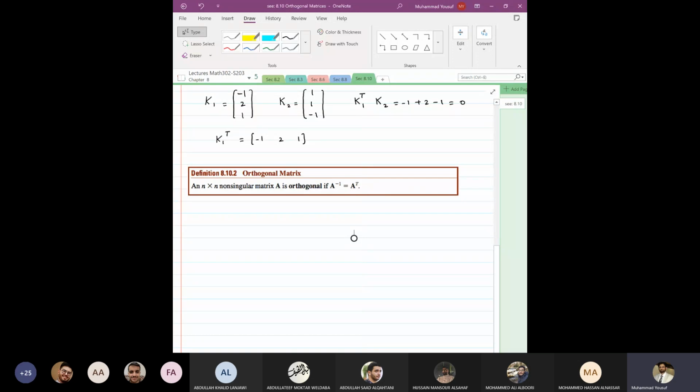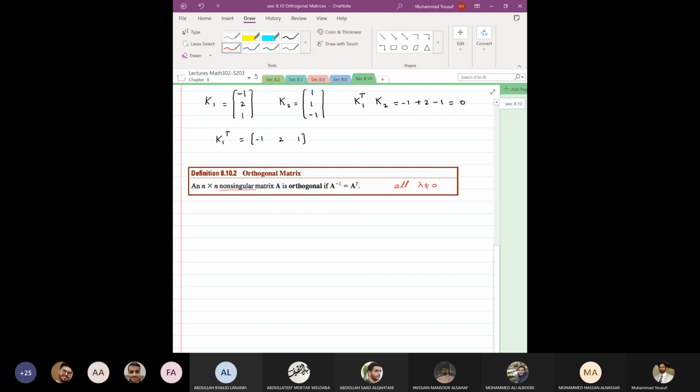Anyway, an n by n non-singular matrix. Here it is to note that it is non-singular. Non-singular means no eigenvalue is equal to 0. All eigenvalues are non-zero, we say all lambda not equal to 0.